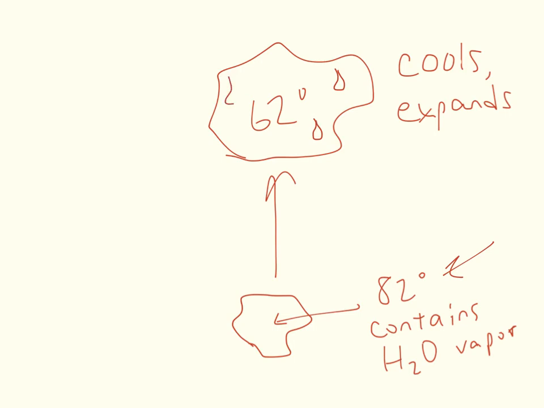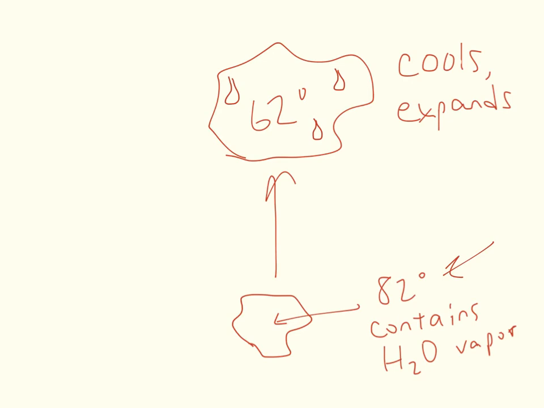in this parcel of air, then if we walk this through, that means the water vapor lost heat. In other words, the water vapor became liquid water, and that heat was given back to the air. So if you think about the fact that the water itself had to lose heat to become liquid, that means the heat is added back to the air.